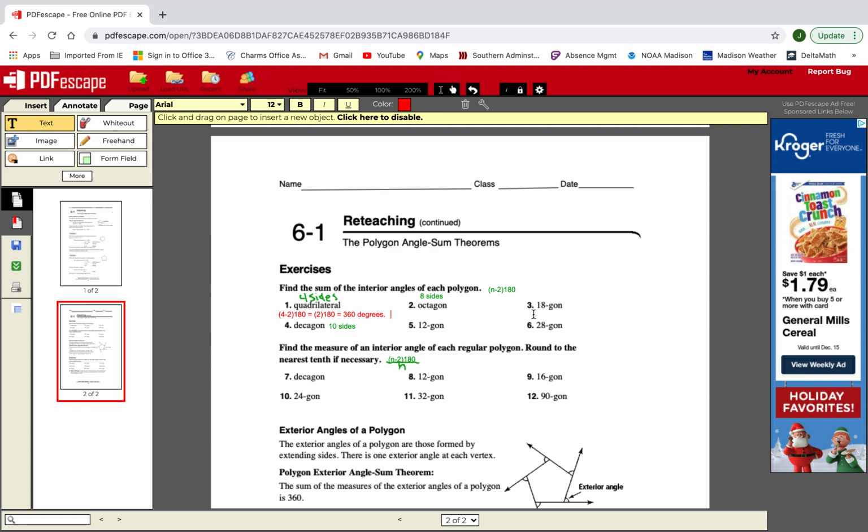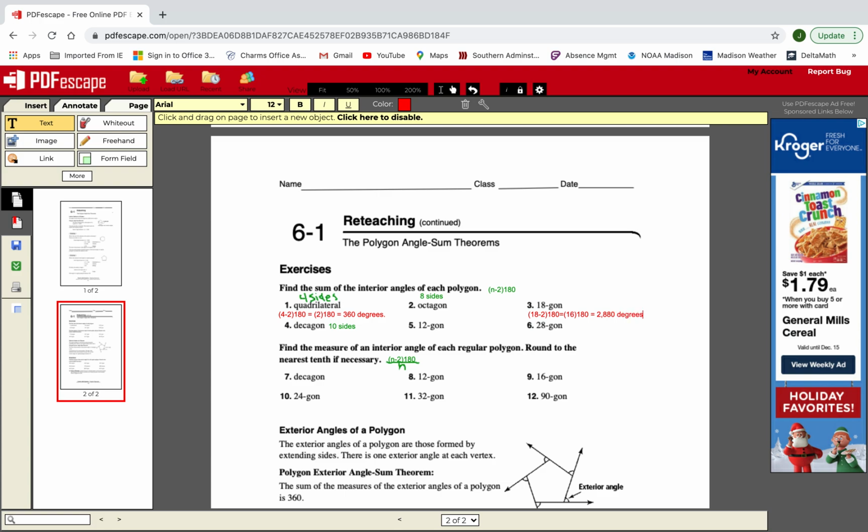Okay, I'm going to do the odds in red, then I'll go back and do the evens in a different color, just so they don't run together. So for an 18gon, I'll have 18 minus 2 times 180, which is 16 times 180, which gives us 2,880 degrees.